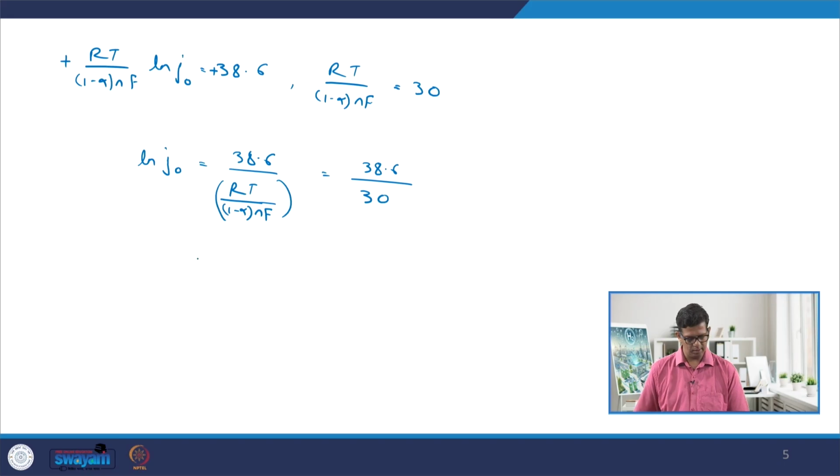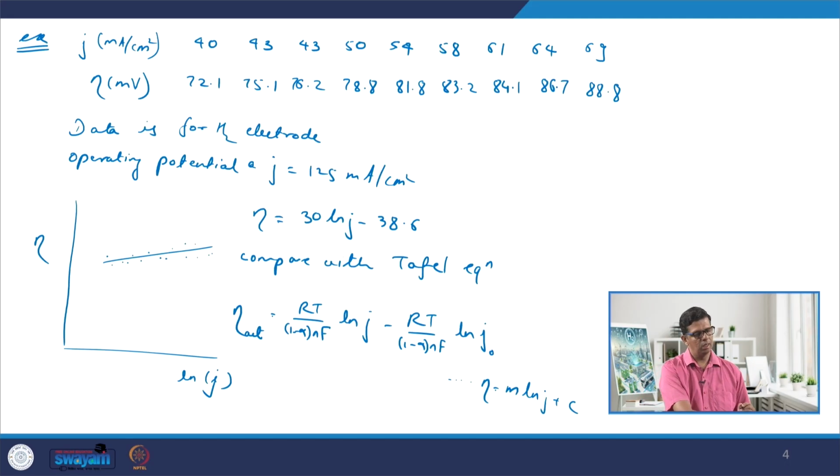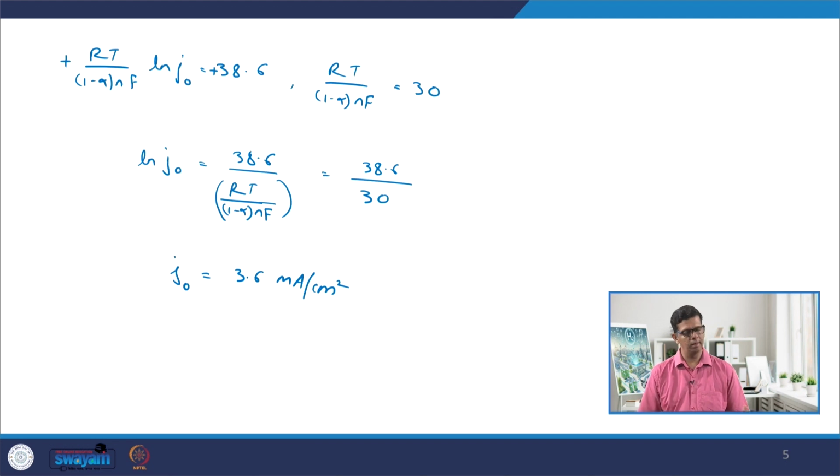So that becomes exchange current density somewhere around 3.6 milliamps per centimeter square. Why is the unit milliamps per centimeter square? As we can see, the unit of the current density that has been given is milliamps per centimeter square, and that is why the exchange current density will also come with the unit of milliamps per centimeter square.